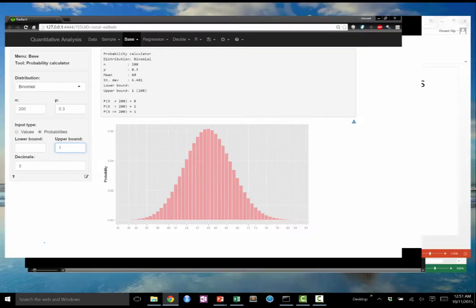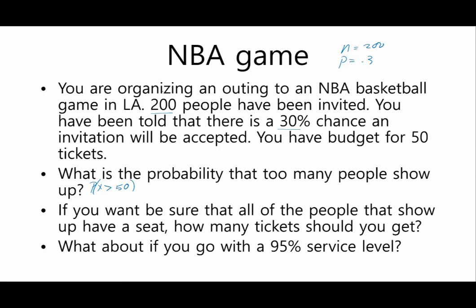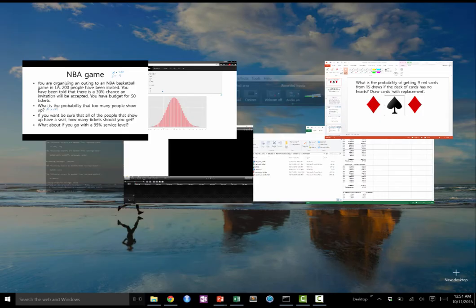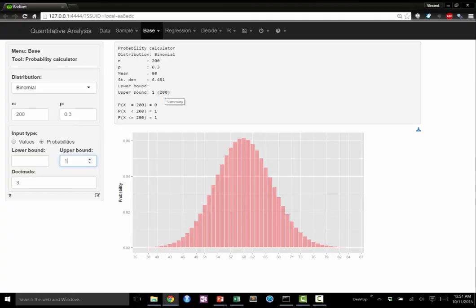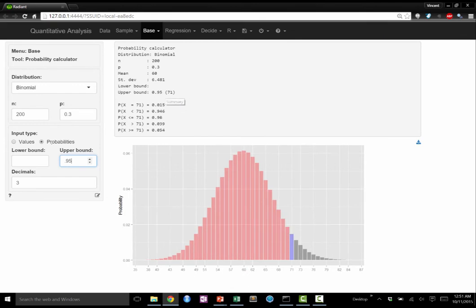So what about trying for a 95% service level? Right, so a 5% chance of people showing up that don't have a seat. We just specify, instead of 1, we specify 0.95, right? This is a probability that we're putting in, and it backs out for us what the bound is in terms of the number of tickets we would need.